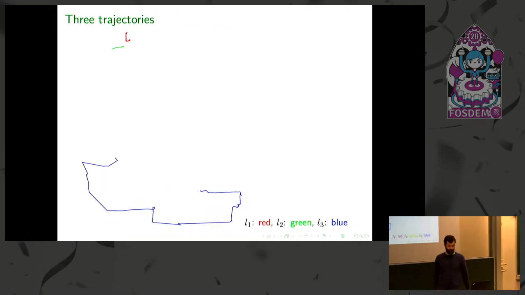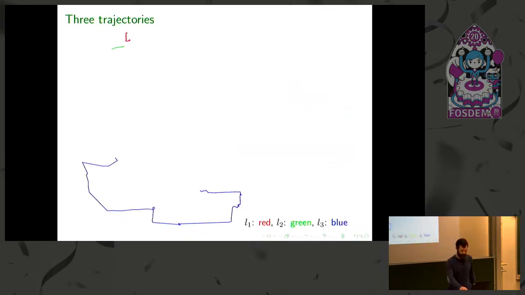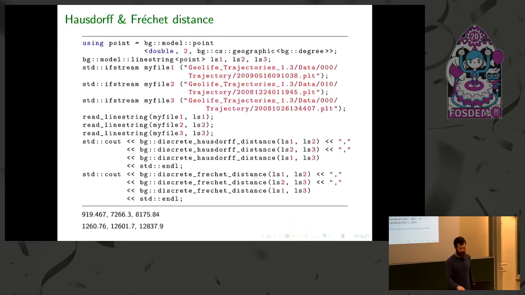I have three trajectories now for a simple example. The one is much larger, so the other two are scaled down a bit. I will compute the Hausdorff distance between all the possible pairs. The first linestring is the red, the second is the green, and the third is the blue. When I compute Hausdorff and Fréchet, in these cases they give me the same result.